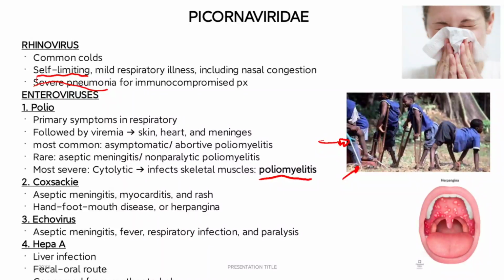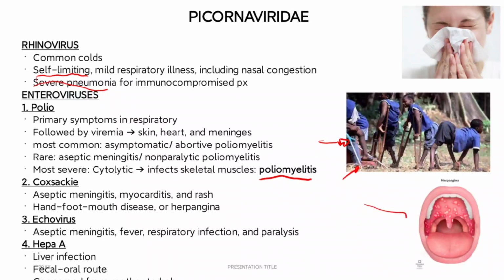Next, we have the Coxsackie. Coxsackie, aseptic meningitis, then myocarditis, and rash. Coxsackie is the most common cause of your hand, foot, mouth disease ng mga children or yung tinatawag na herpangina.